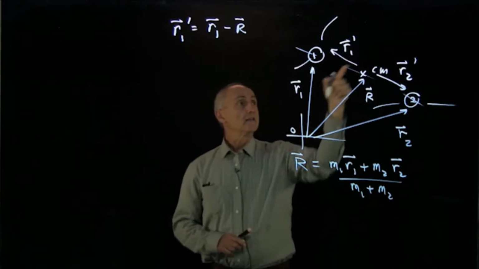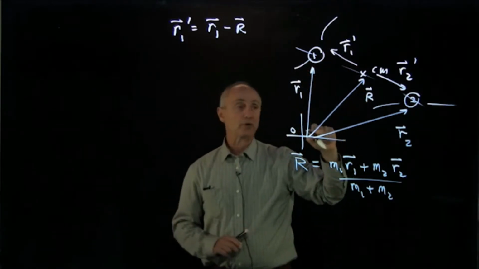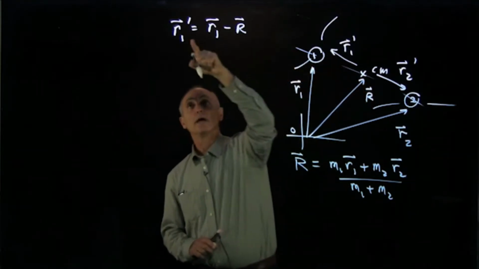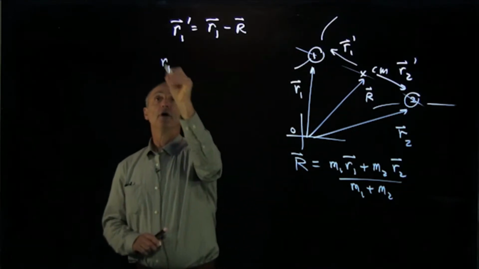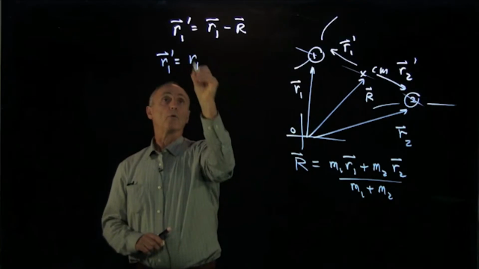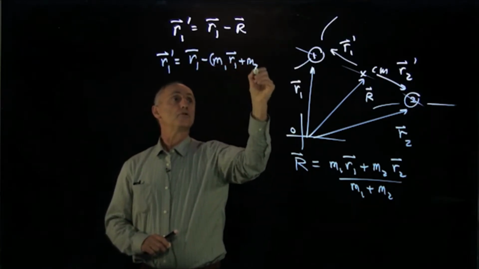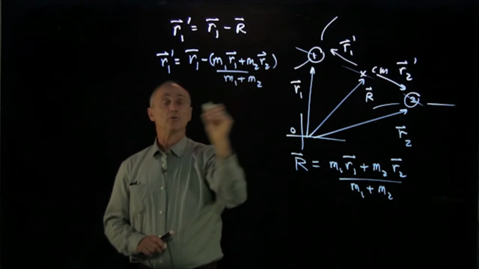Now remember, this vector is equal to this vector minus that vector. Sometimes people like to say the vector R1 is equal to R plus R prime, and that's how we get that relationship. Now we can use our result here, that R1 prime is R1 minus (m1 R1 plus m2 R2) divided by m1 plus m2.